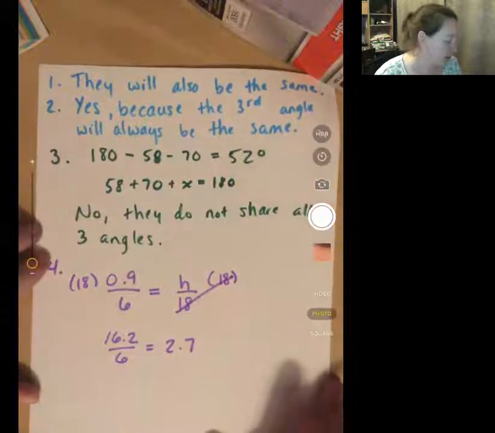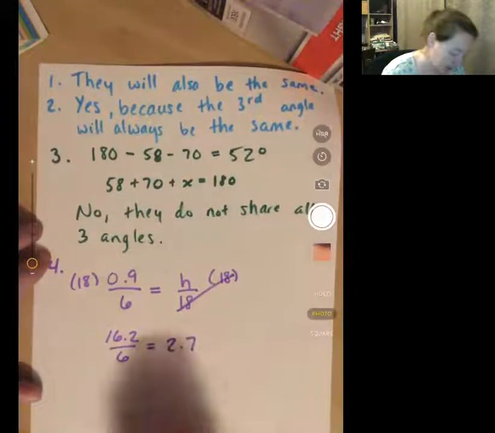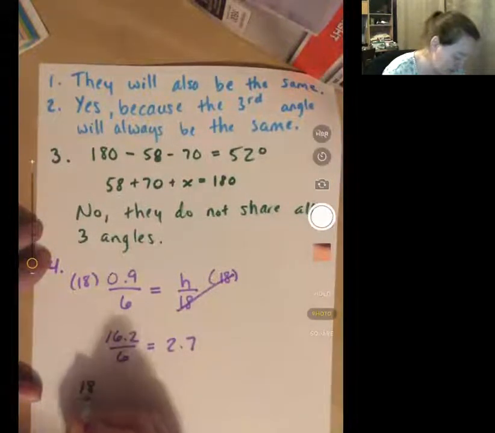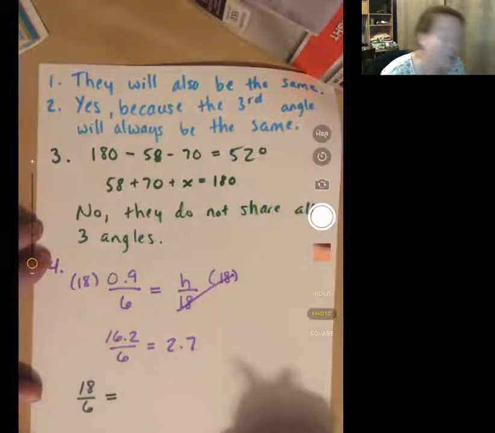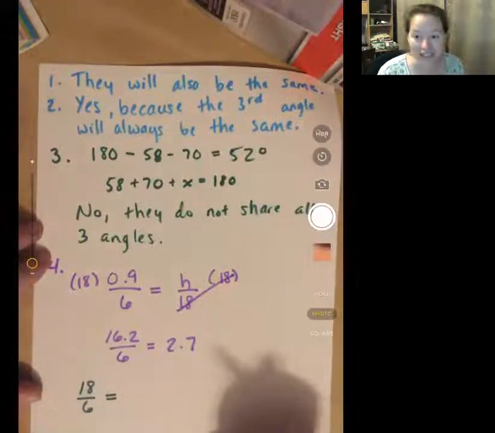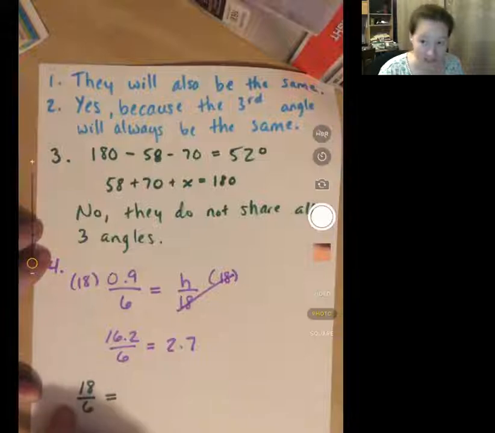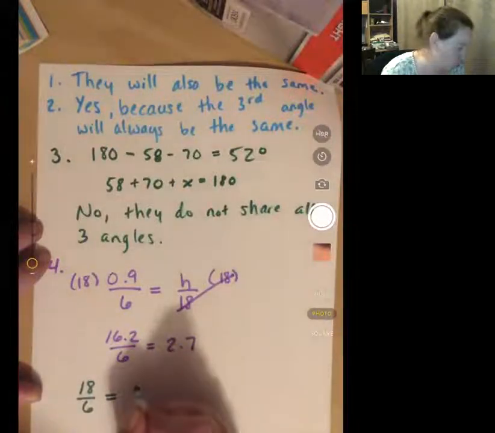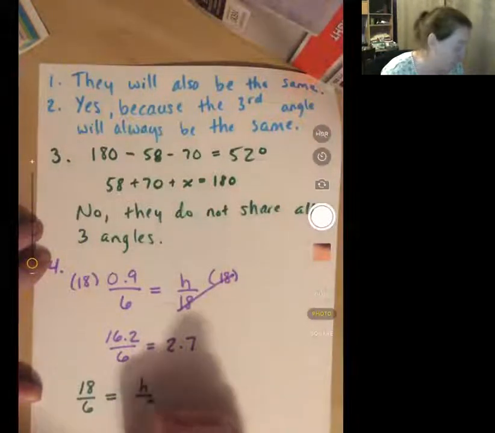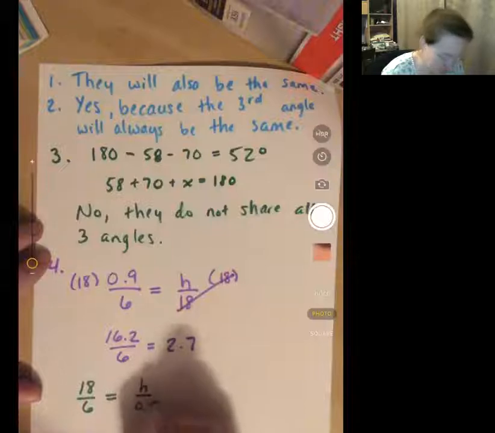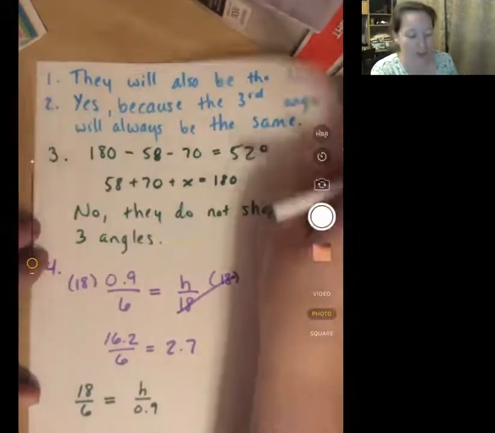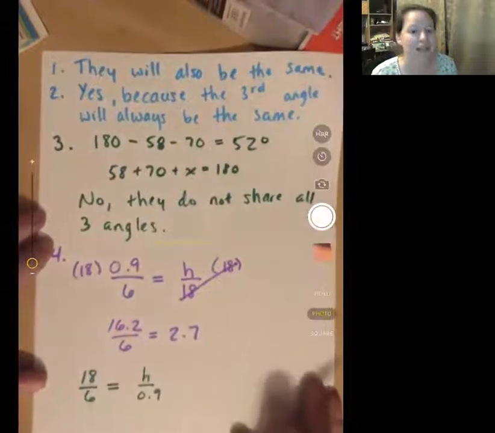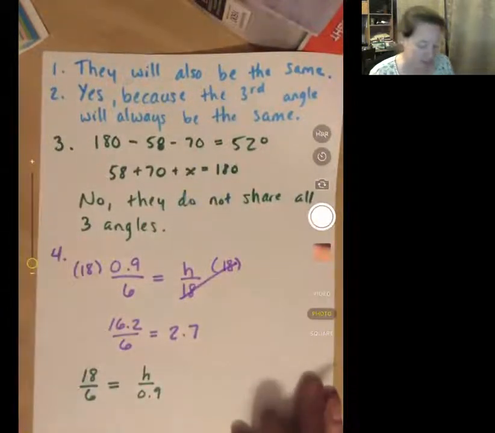The initial problem that they set up was 18 over 6 is equal to, oh, I see. So they did base over base is equal to height over height. You can set it up that way too. I don't typically set it up that way because I find this way makes a bit more sense.